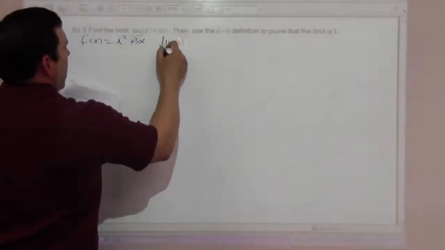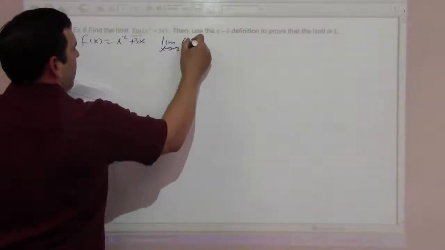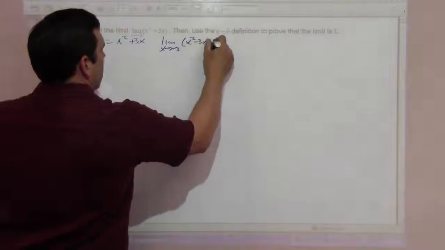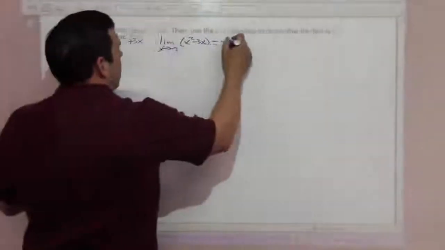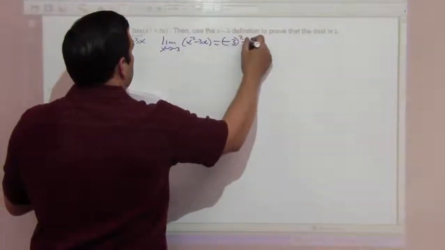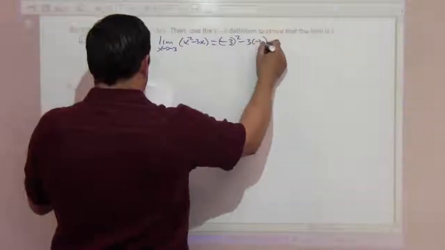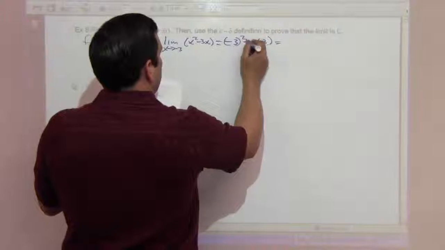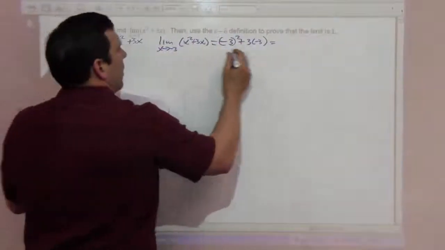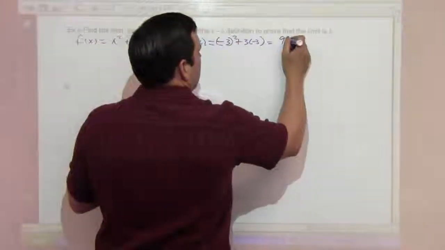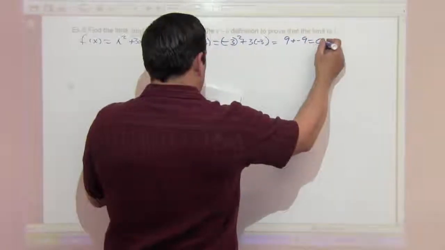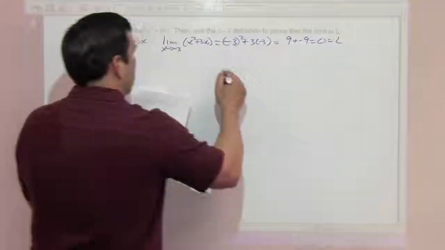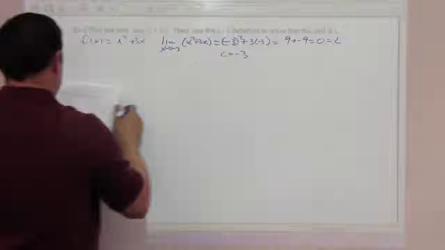So the limit as x approaches negative 3 of x squared plus 3x is going to be negative 3 squared plus 3 times negative 3, which is going to be 9 plus negative 9, which is 0. And that's our L. c equals negative 3.